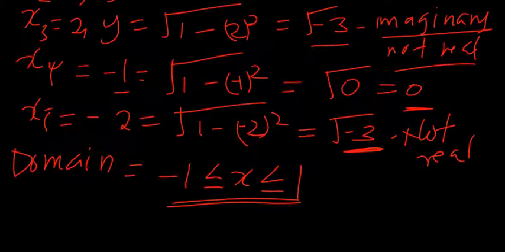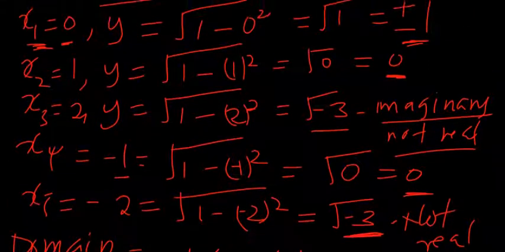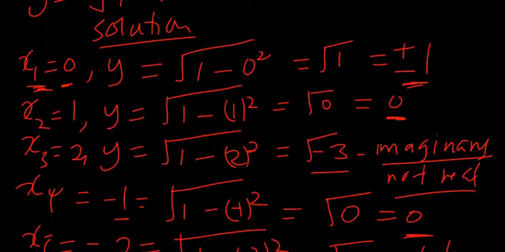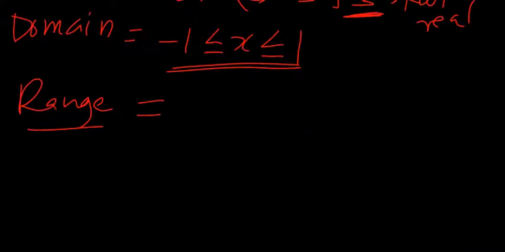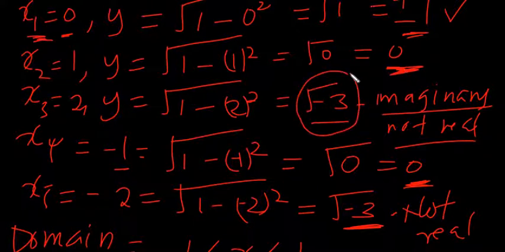If you look at the range, the y value, let us look at the y part. The first one, y is plus or minus 1. These are real numbers. Are we together? Negative 1 is a real number. Positive 1 is a real number. 0 is also a real number. Negative 3 is an imaginary number, so we will not include it in the range.